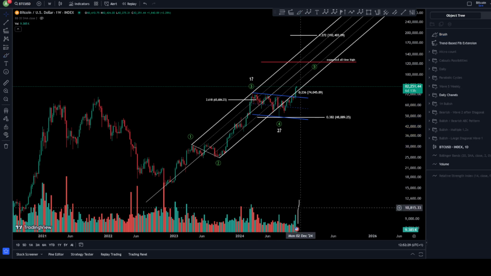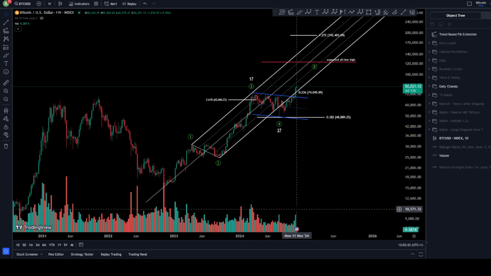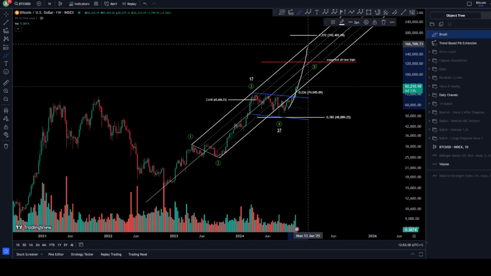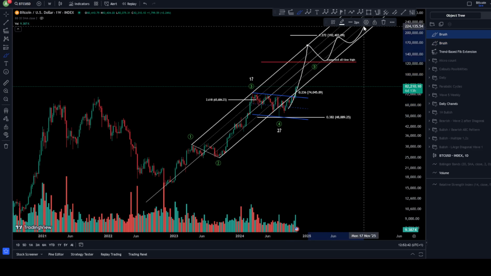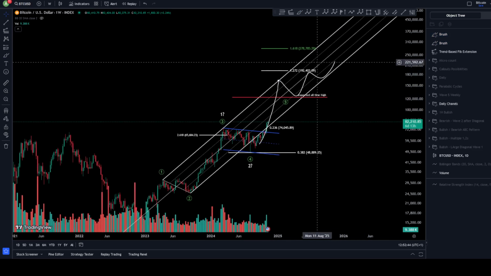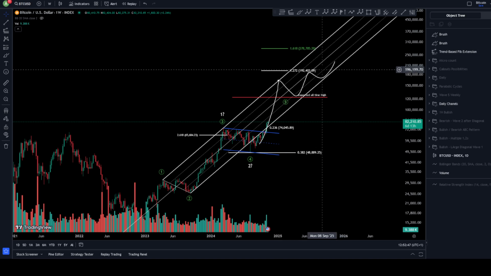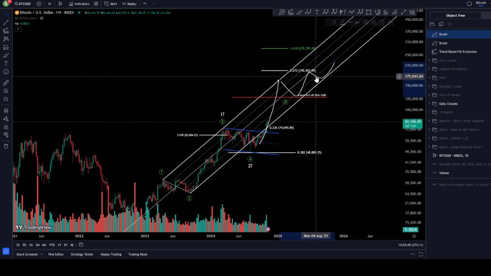However, if you get a higher volume afterwards, it might transform into your wave 3 towards the upside, and then you might have 4, 5, 4, 5, and we are talking here about over 200,000 for Bitcoin.